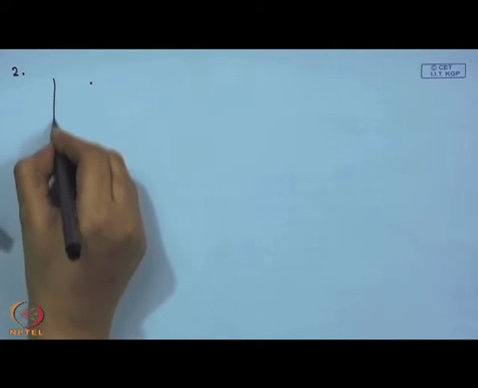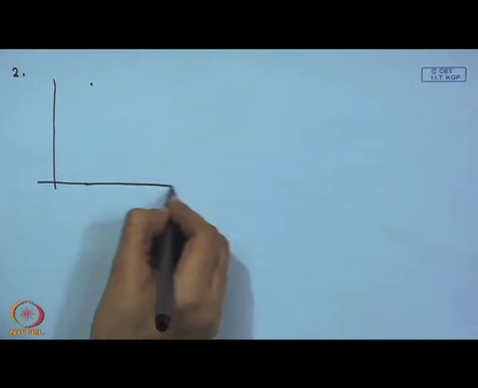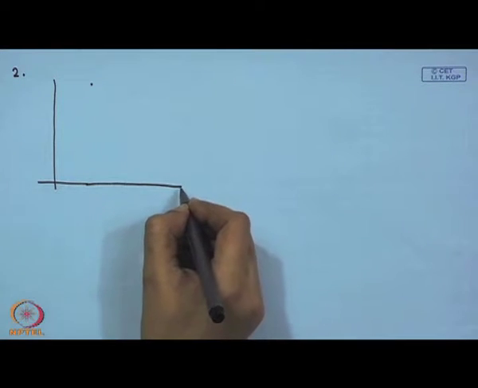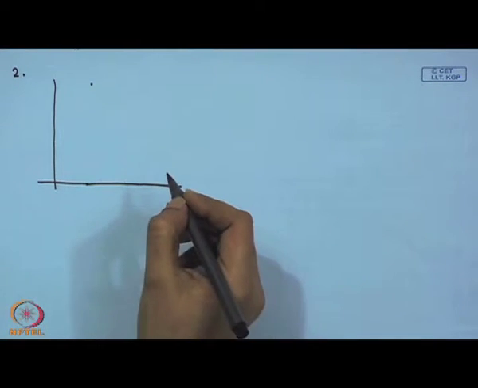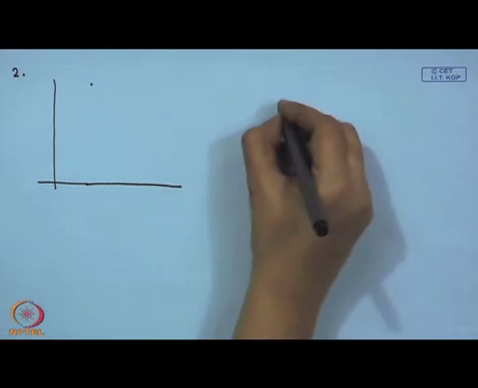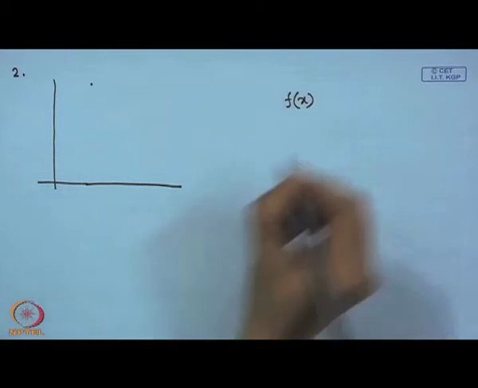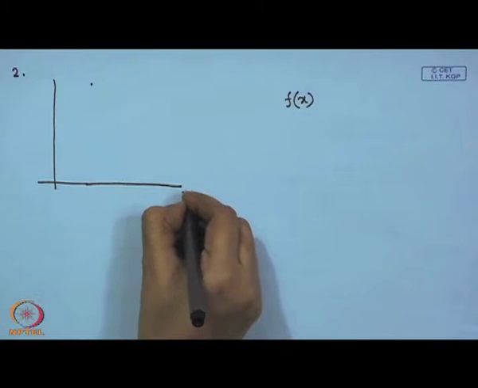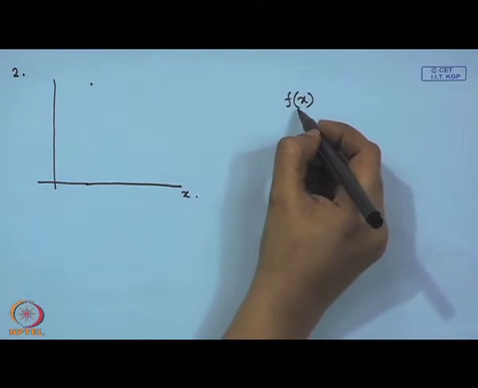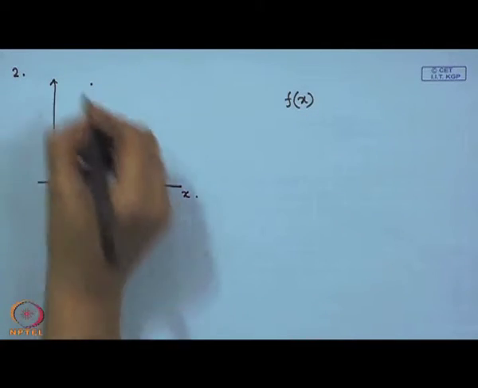Let me consider a function like this. I will consider only a single variable function, say f(x), because then I can draw the function easily. The same idea can be extended for a number of variables x.